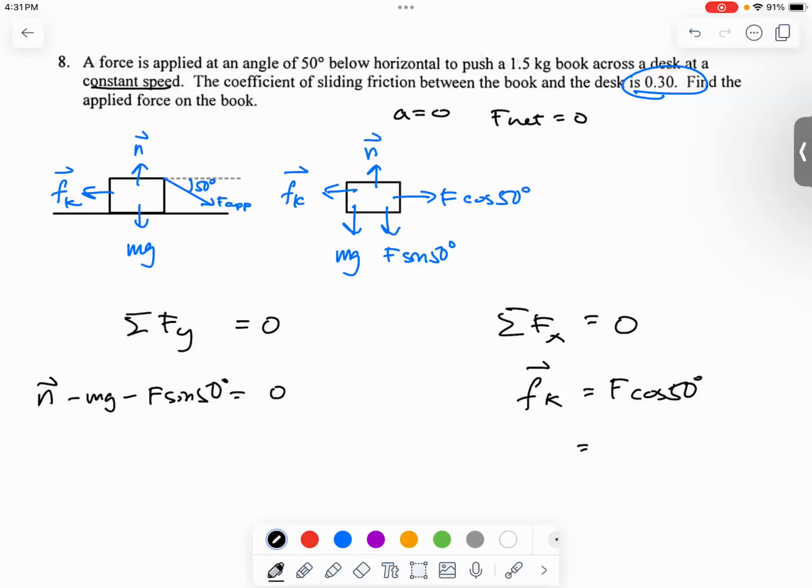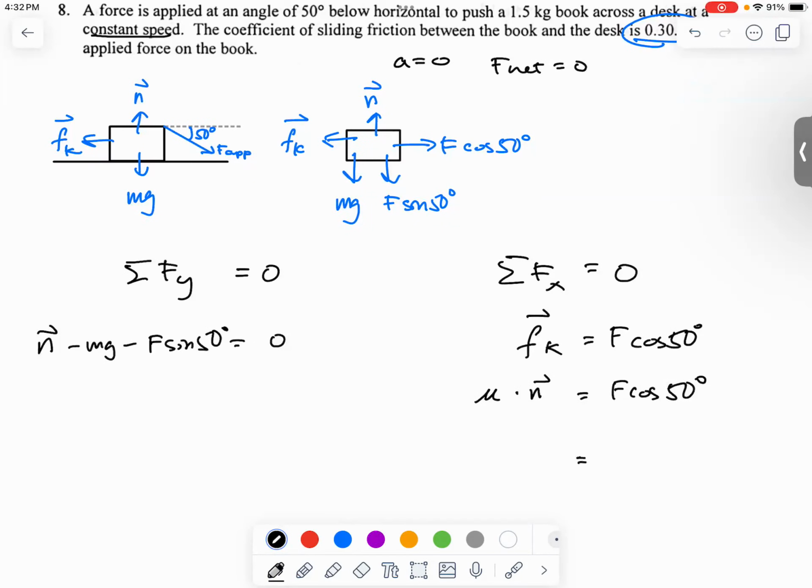Now, the way I'm going to handle this calculation is this. Let's see if there's anything we can substitute, because we want an equation with the only variable F. I want to see if there's any way that I can replace everything so that the only thing left is the letter F. That's the only unknown, and I think we could do it.